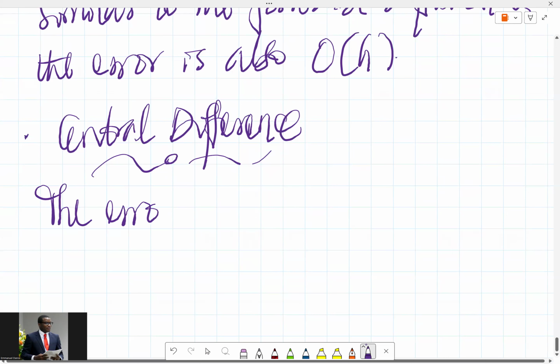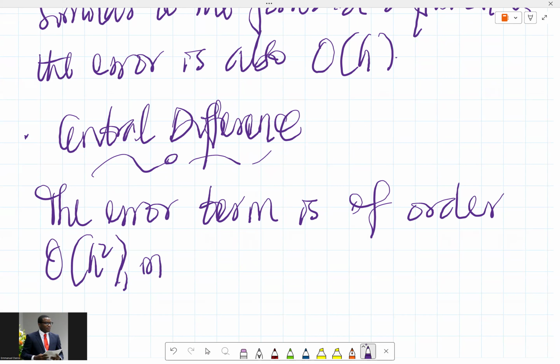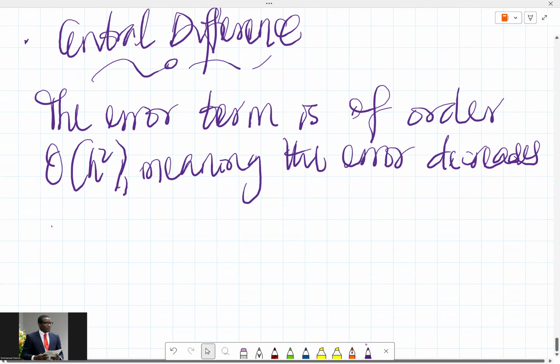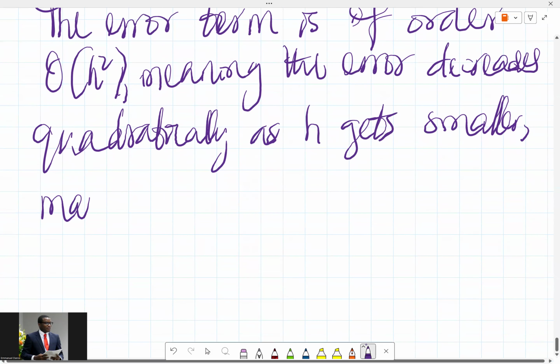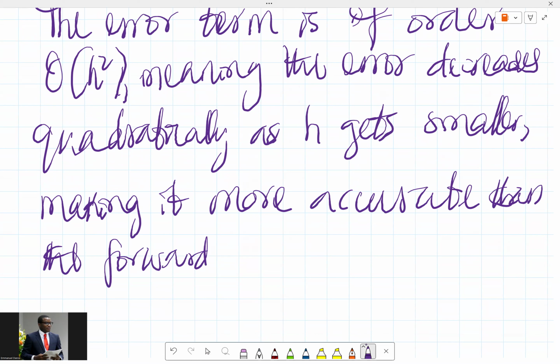The error term is of order big O of h squared, meaning the error decreases quadratically as h gets smaller, making it more accurate than the forward or backward methods.